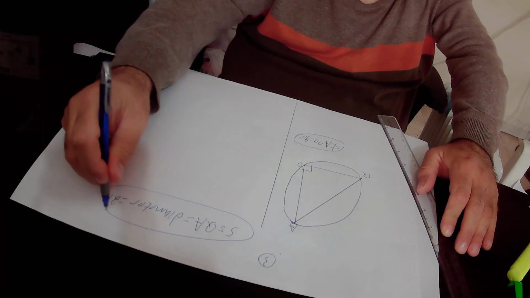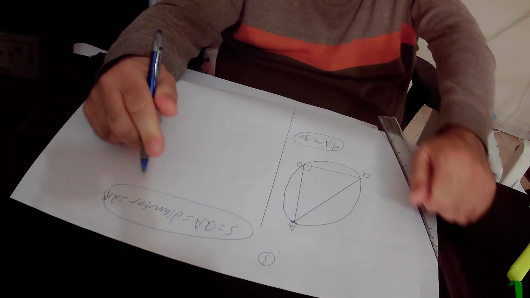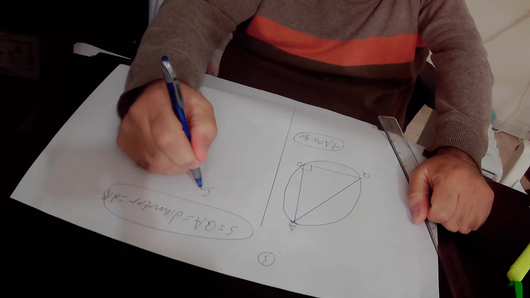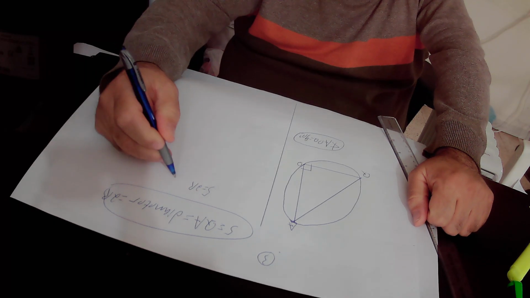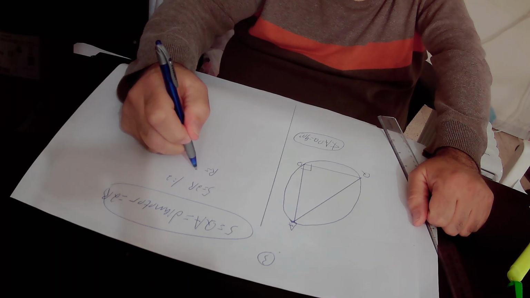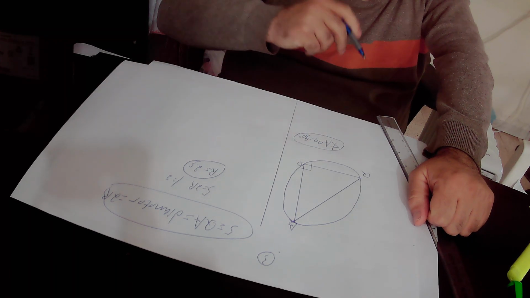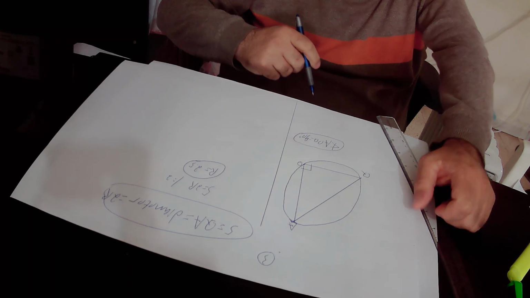So from this equation, we derive that 5 equals 2r. We divide this equation by 2 and finally we will get that r equals 5 over 2, that is 2.5 units. So the radius of this circle equals 2.5 units.